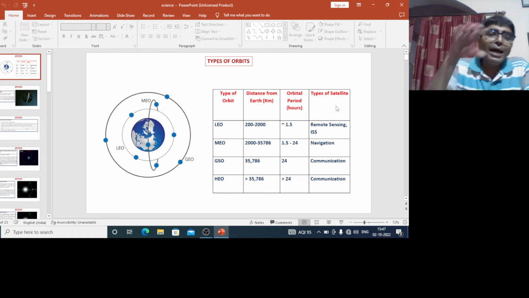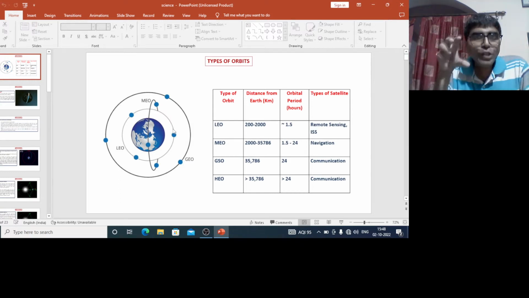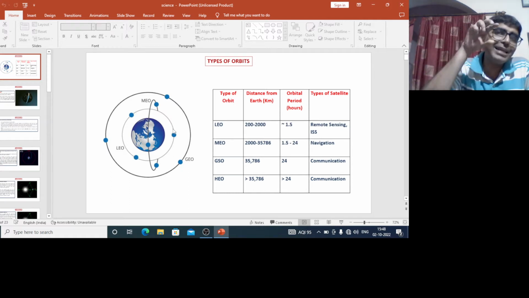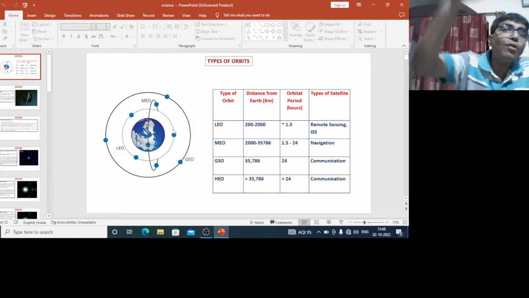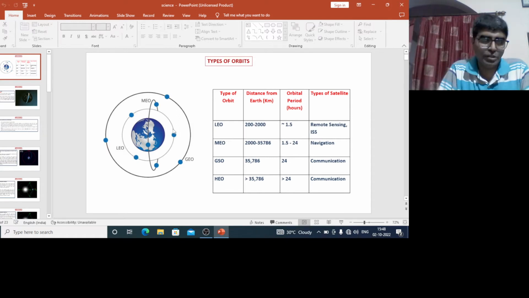Now these orbits which I have shown you: in these orbits we set a satellite with the help of a launch vehicle. A launch vehicle takes a satellite, and after this the satellites are put into different orbits for different observations.